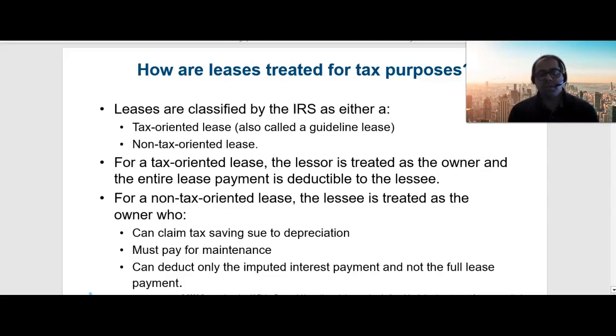So, in a tax-oriented lease, the lease payments made by any company are basically treated the same way as interest payments would be treated. So there is that tax benefit, or the tax shield that you get from using debt. You get a similar benefit by using a lease.